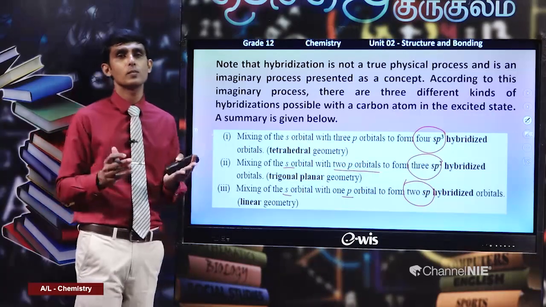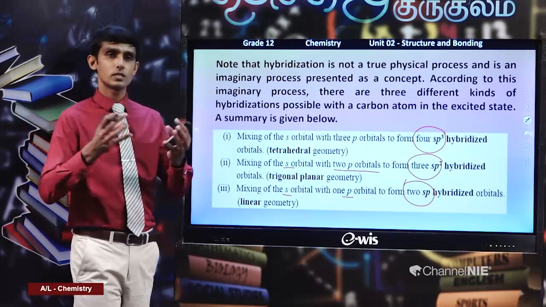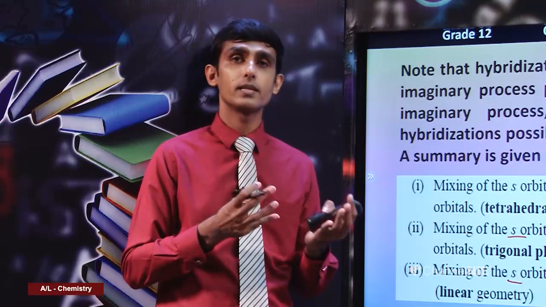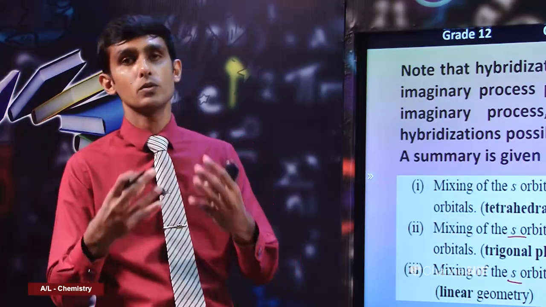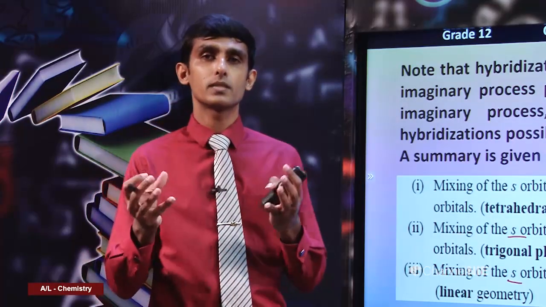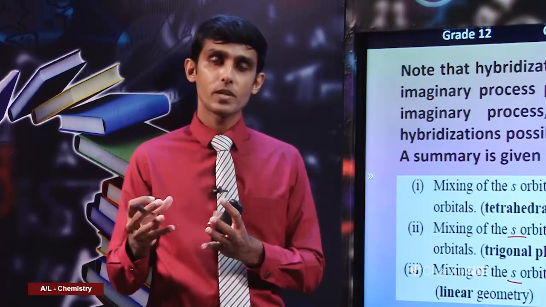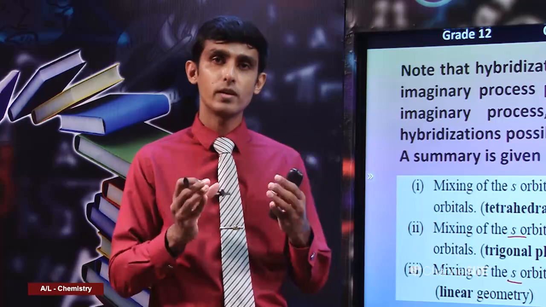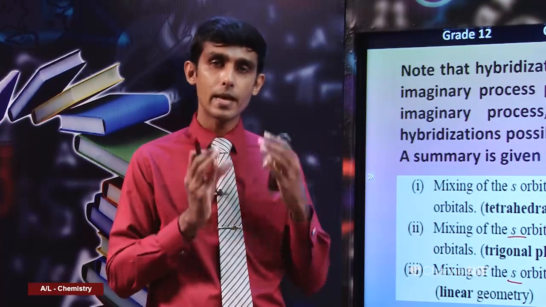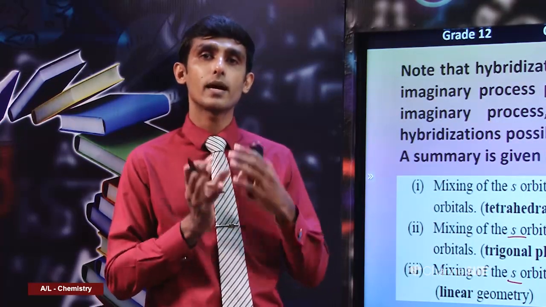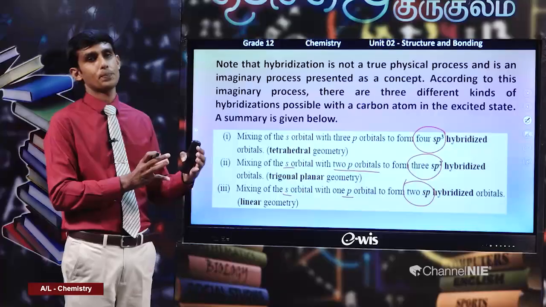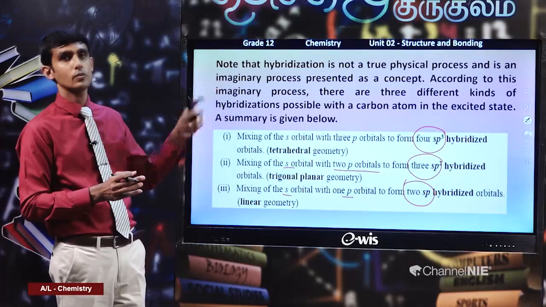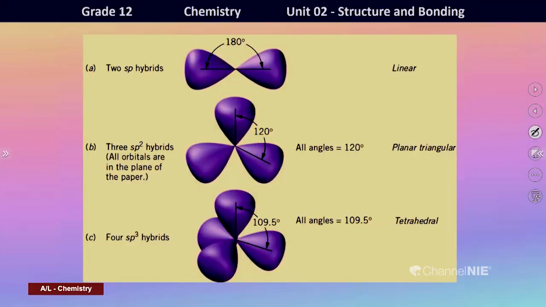So, hybridization is basically the combination or mixing of atomic orbitals with different energies and shapes to form a set of orbitals which are identical in energy and shape. Based on the types and the number of orbitals involved in that process, we can label that type of hybridization. Here sp3 means 1 s orbital and 3 p orbitals.